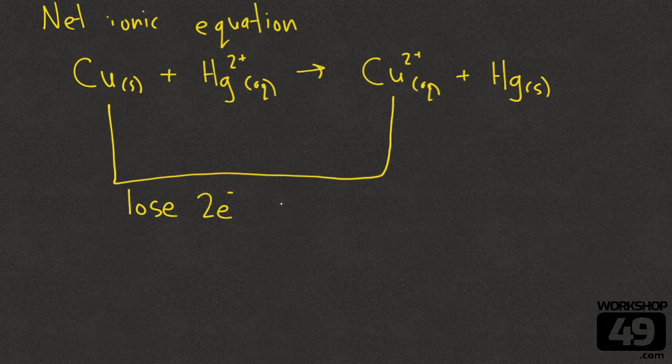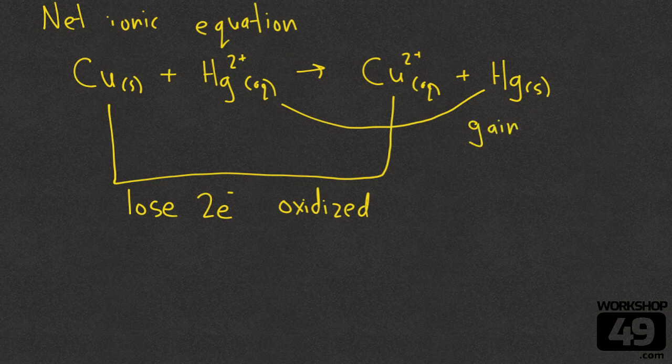That means our copper, oxidation is losing, was oxidized. Our mercury instead went from 2 plus to 0. The only way that can happen is if you gained 2 negative charges. So it gained 2 electrons and it was reduced.